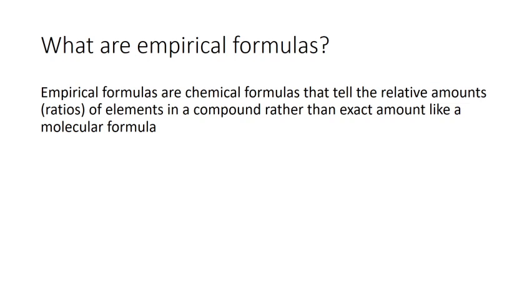So if we look at an example here, we've got our molecular formula, C2H6, we've got another one, C3H9, and another one, C4H12. Now, while all of these are clearly different molecular formulas and are the formulas for multiple organic molecules, they all have the same empirical formula, CH3.